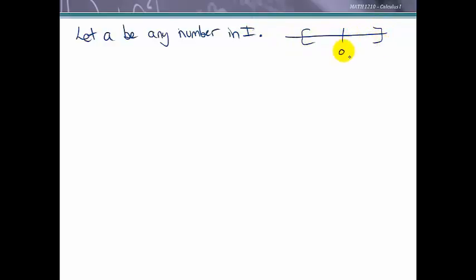Let's start by letting a be any number in this interval. So we're looking at this interval, and we've got some a in the interval. The point of the tangent to the curve at a would be at (a, f of a).